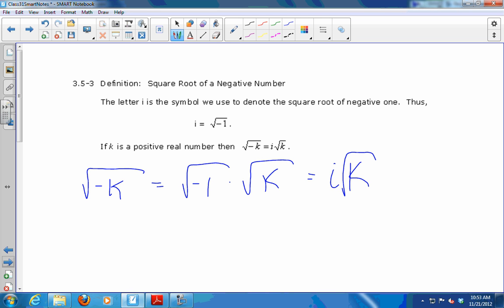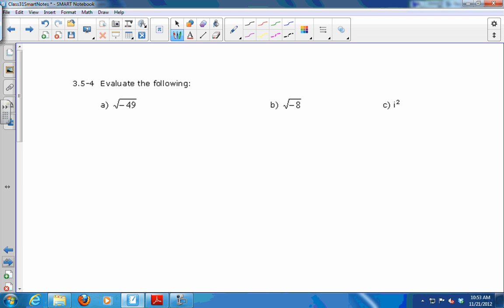So when you want to take the square root of a negative number, just take the square root of the positive number and pull an i out front. For example, the square root of -49, we could write that as the square root of -1 times the square root of positive 49. What's the square root of -1? i. What's the square root of 49? 7. So this is 7i.